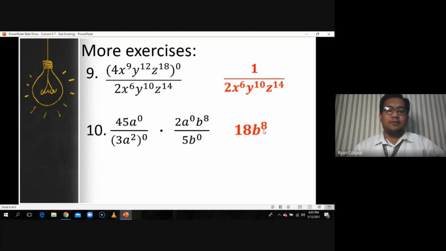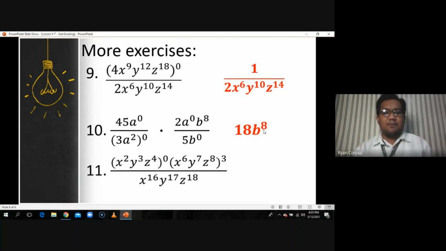So, nakuha yun? Let's have one more example para mas matutunan ng mabuti. Let's have example number 11. Huwag kayong matakot even if the given expression involves so many variables or so many exponents.